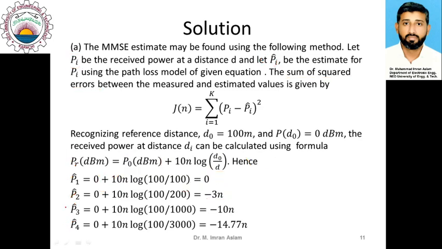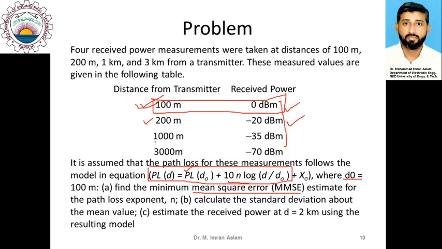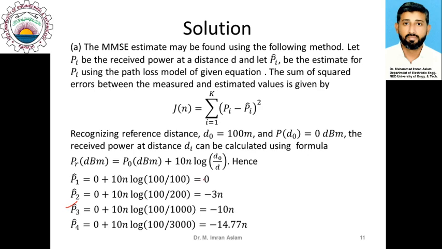Similarly, P3 hat corresponds to the value that you have at third distance, which is 1000 meters. So at 1000 meters this d becomes 1000, and P naught dBm is again 0, because this is our reference value, and if we simplify this, we get it to be minus 10n.